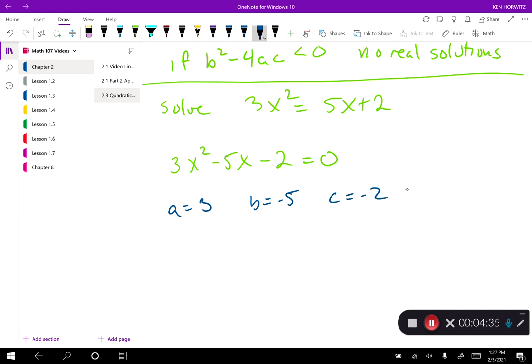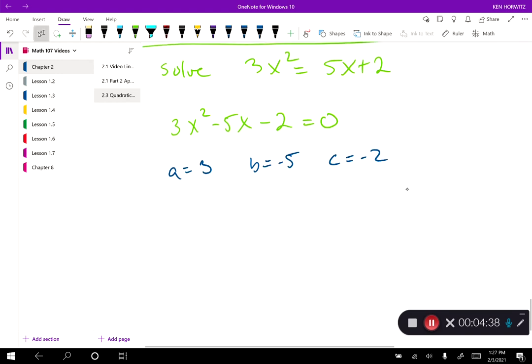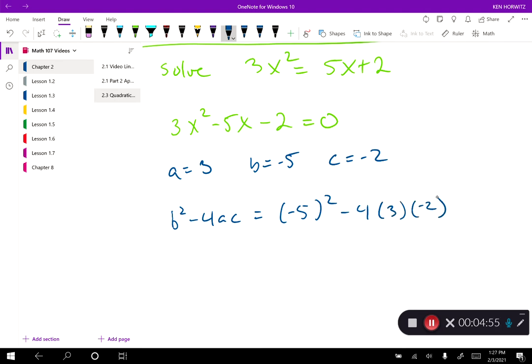All right, now I can start putting things into my quadratic formula. I'm going to start with the discriminant of b squared minus 4ac, and that is negative 5 squared minus 4 times 3 times negative 2, which is negative 5 squared is 25, negative 4 times 3 is negative 12, times negative 2 is positive 24, so that equals 49. 49 is greater than 0.